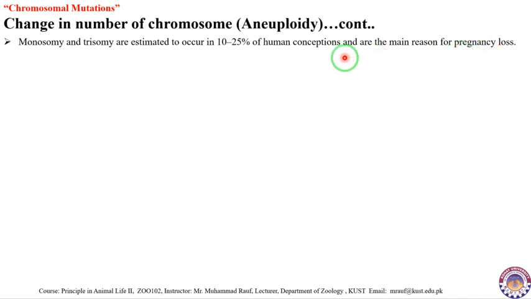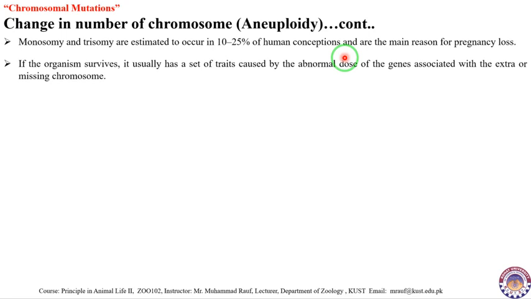Even gene mutations are so harmful that they result in cancer and eventual death of the organism. So just imagine the chromosomal mutations where several genes are involved. Chromosomal mutations are harmful, they are lethal, and they result in pregnancy loss. Even if the organism survives, there are several abnormalities linked with that person.